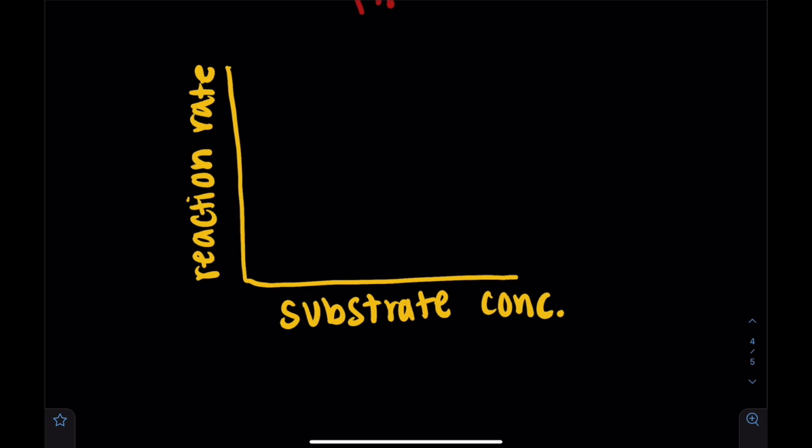However, that is only true up until a certain point, which is the point of saturation. So as substrate concentration increases, so does the rate of our reaction, and then we'll hit our point of saturation.